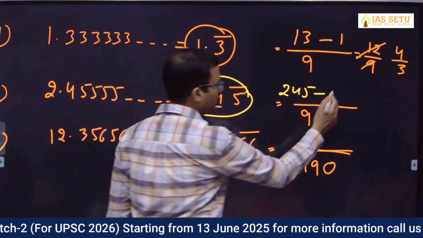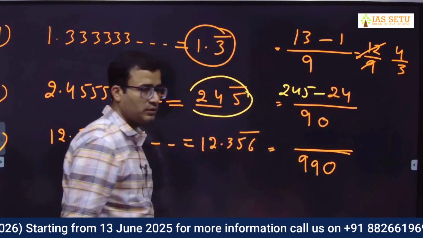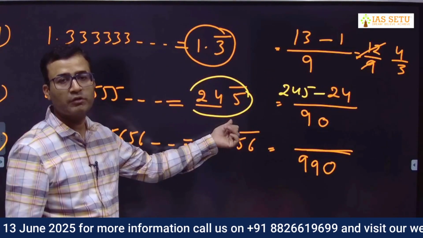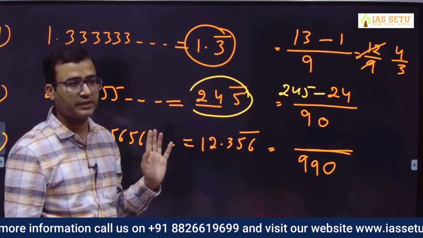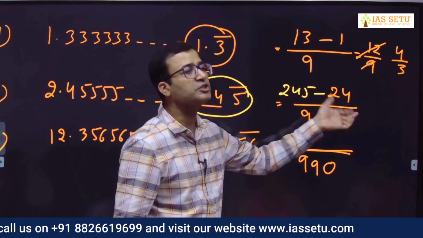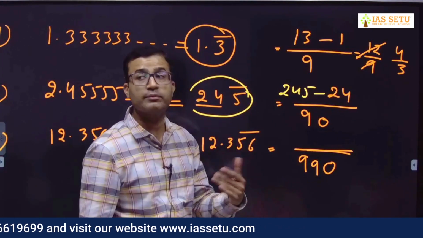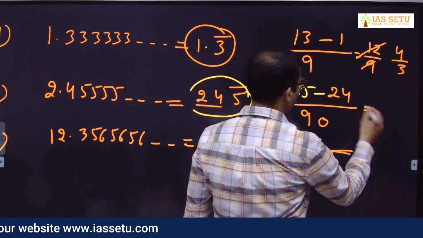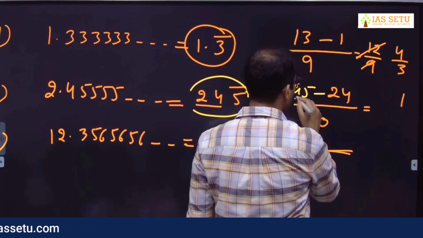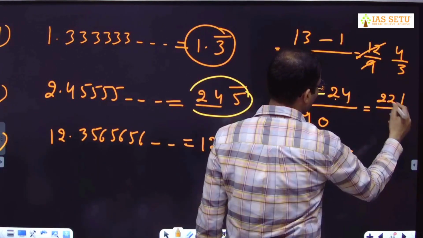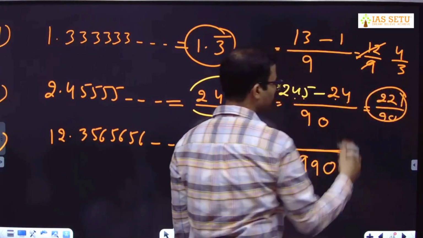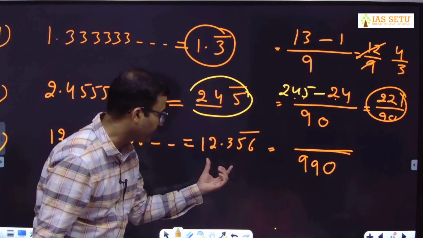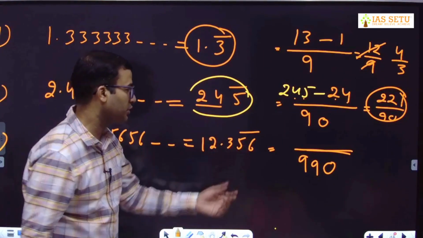So 24 you have to subtract. Neither 2 is repeating nor 4 is repeating. Only 5 is repeating. So we have to put the number which is not repeating. उसको हम non-recurring बोलते हैं. Now here 5 minus 4, 1. 24 minus 2, 22. 22 upon 90. This is your answer. Let me repeat. What is the total number? 1 2 3 5 6.